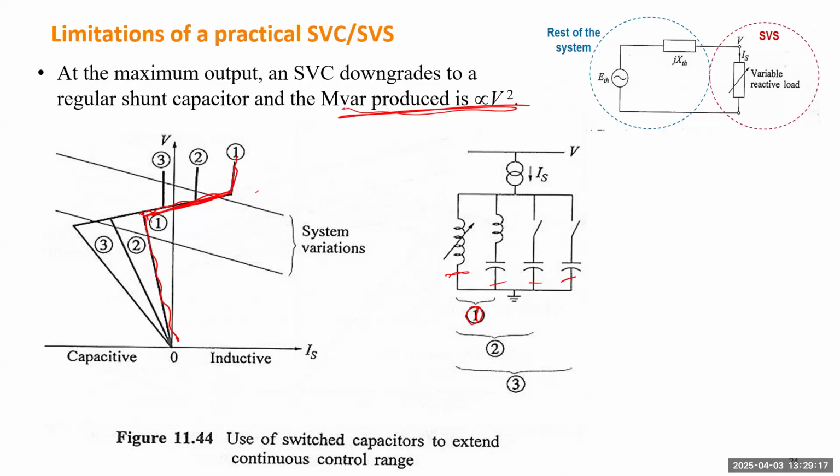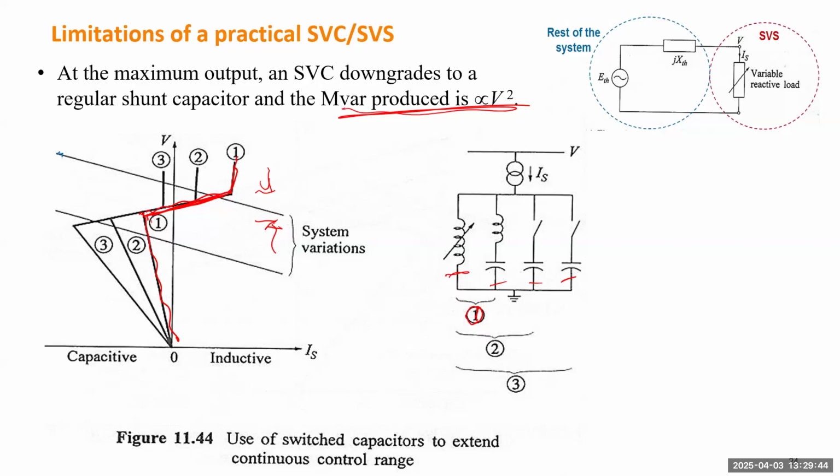Which means if you maintain the voltage within this narrow range, that can make sure the voltage is controlled. But once it reaches the limit, it will downgrade to just a shunt capacitor. So this straight line with negative slope indicates the system condition.